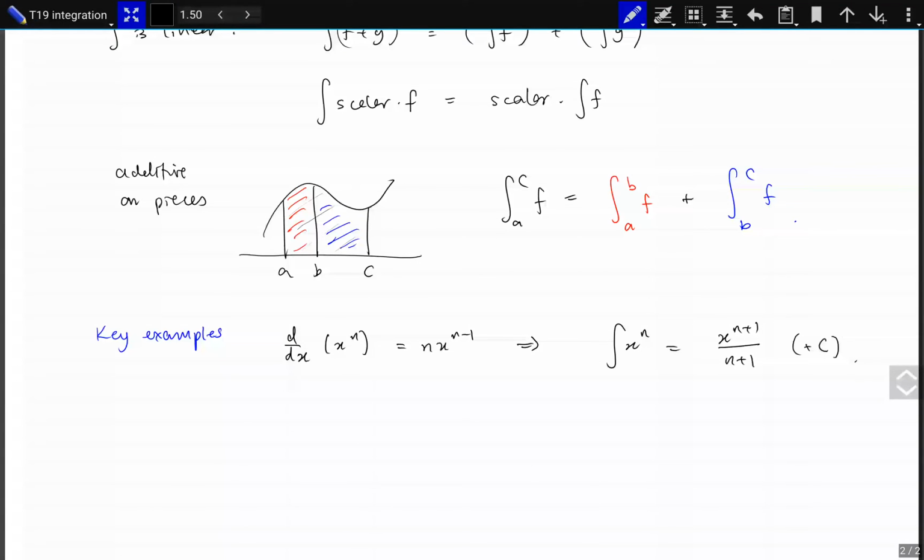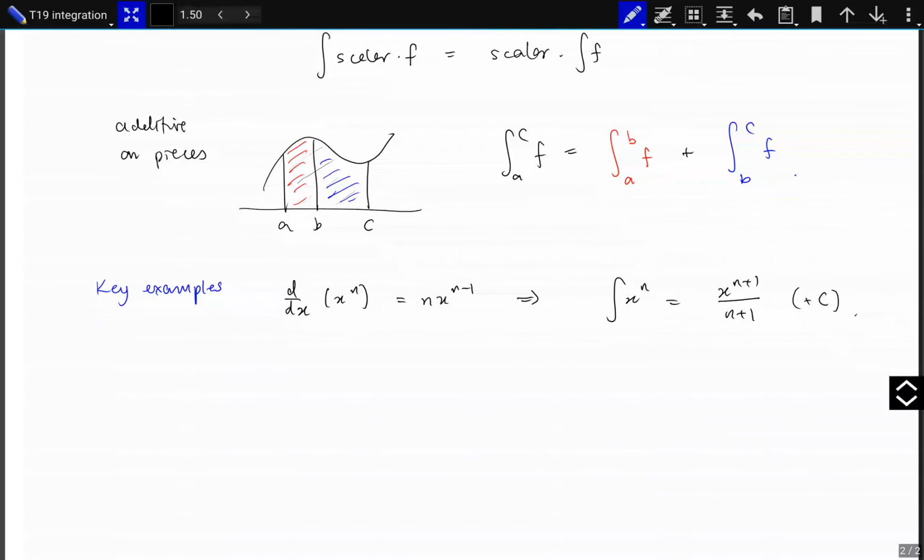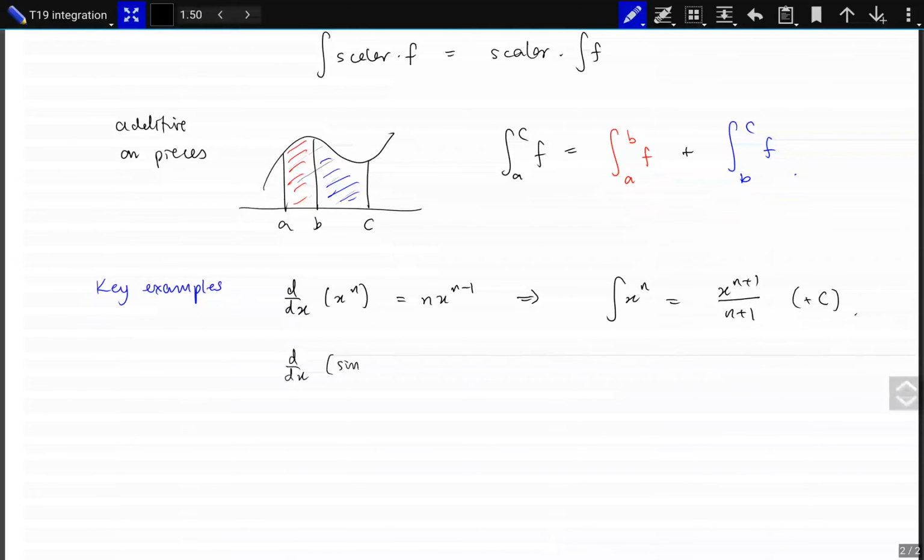Or you can write these things in terms of definite integrals if you prefer. And similarly for the derivative of the other trigonometric functions.